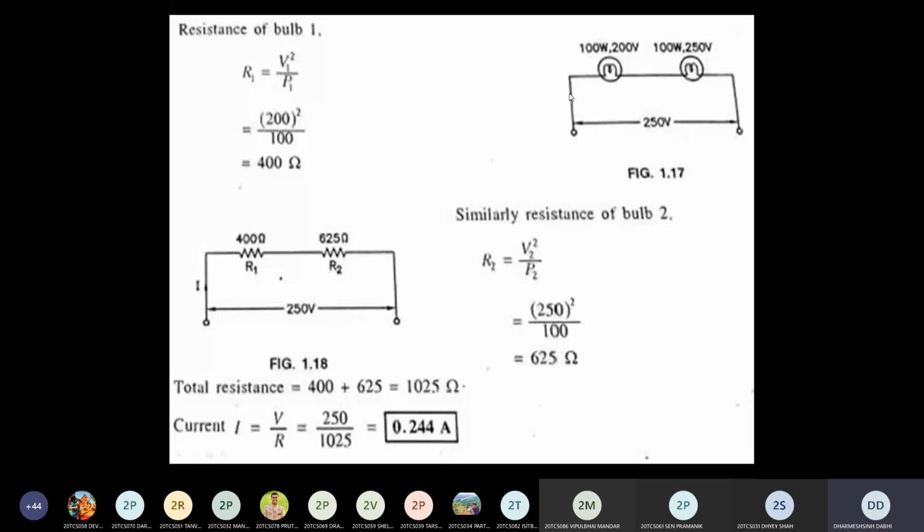Current I is equal to V by R. The voltage applied across the circuit is 250 volt, so it is 250 divided by 1025. The answer is 0.244 ampere. Clear, all of you?